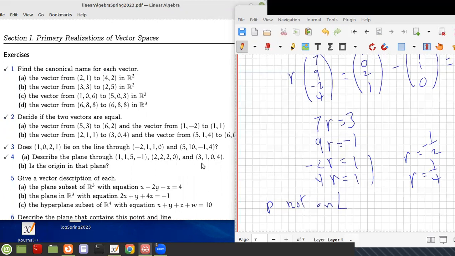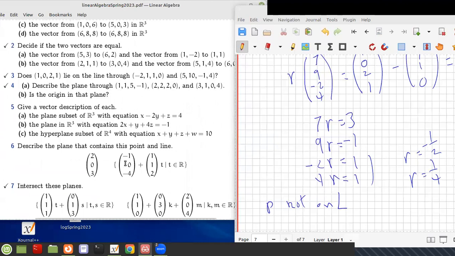It's going to be a plane, so it's going to look like the solution set to a linear system with a particular point in the plane and 2 direction variables that are in the plane, so we have 2 free variables. So it's going to look like the solution set of a system of 4 variables and we don't know how many equations. Okay. Then I can ask, is the origin in that plane? Well, that's the same question as above, but in a different solution set. Okay.